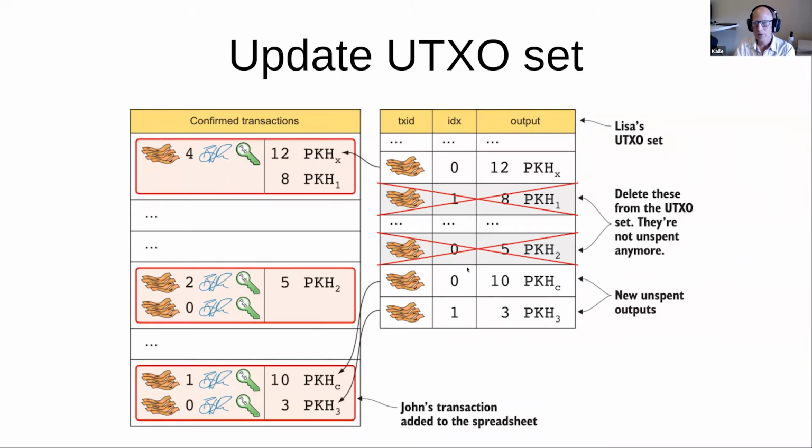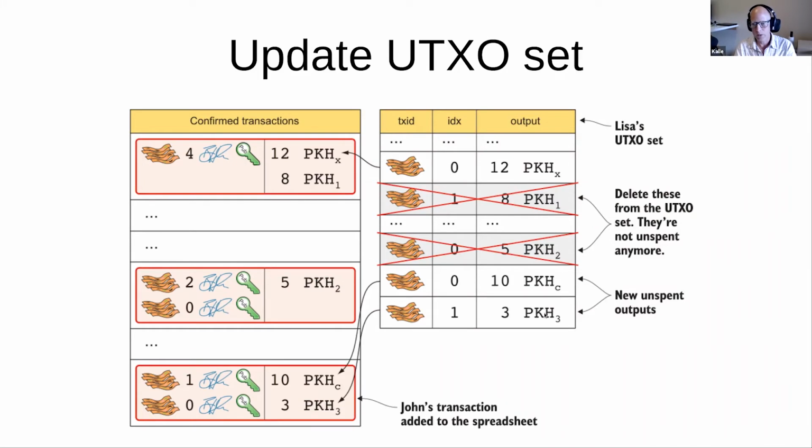This is an unspent transaction output set. And since these two are not unspent anymore, she removes them. But she also adds two new unspent outputs: one for the cafe and one which is John's change. So this is how Lisa would manage her UTXO set.